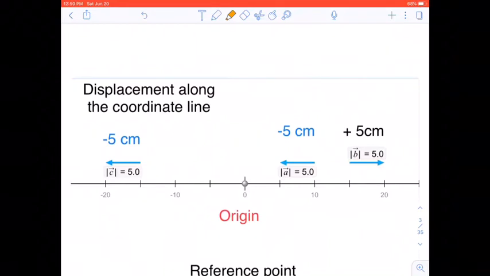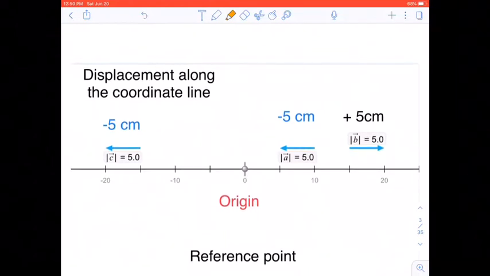If we look at this displacement vector, at this point you've got this vector. That vector is plus 5 centimeters in that direction.